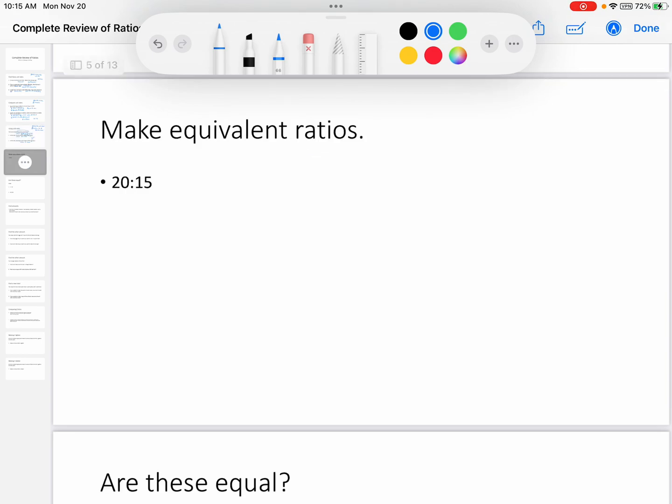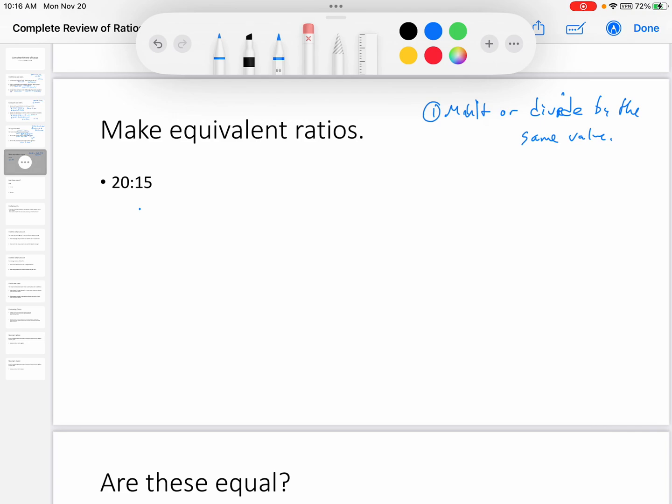Make equivalent ratios. Multiply or divide by the same value. Okay, so I could multiply by 5. 20 times 5 is 100. 15 times 5 is 75.